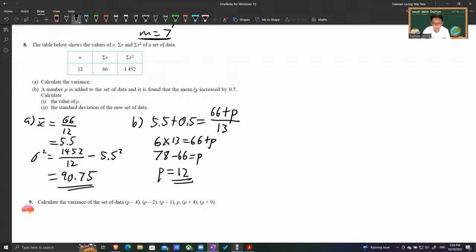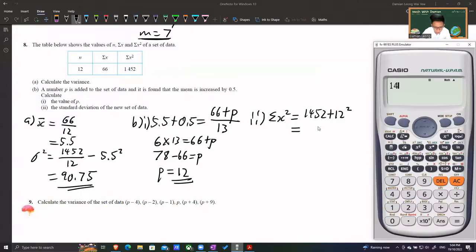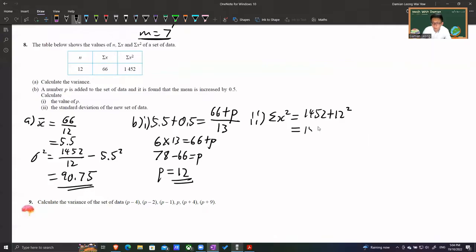Yeah. That's B1. B2, standard deviation of the new set of data. So I know that p is 12 now. I can find the new sum of x squared, which is the 1452 plus the newly added number squared. 1452 plus 12 squared, 1596.